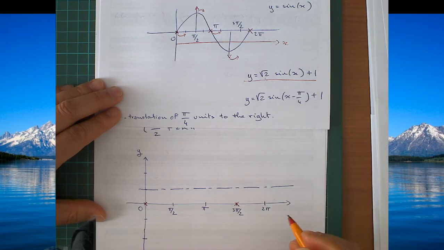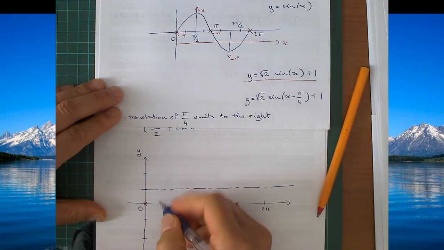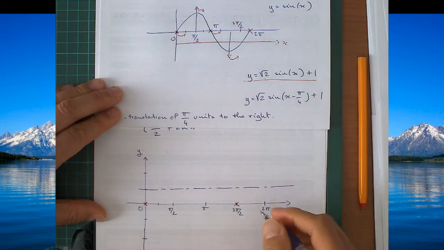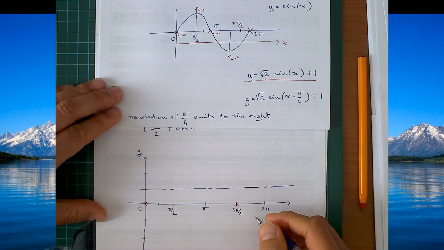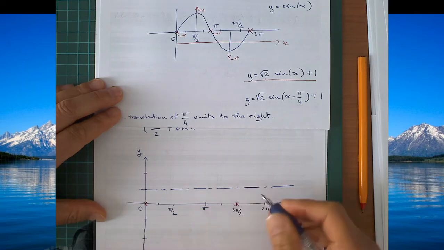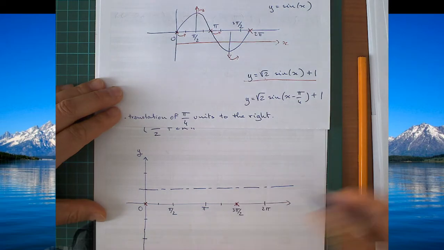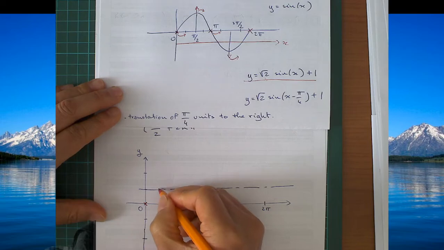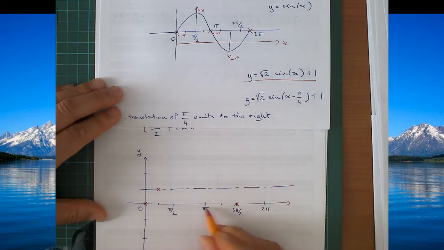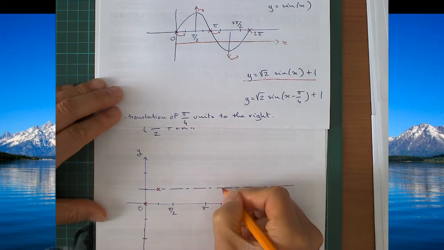So that goes to, I need a π/4. π/4 and π/4. I need this one. So at π/4 is the mid value between π and 3π/2, which is that one.